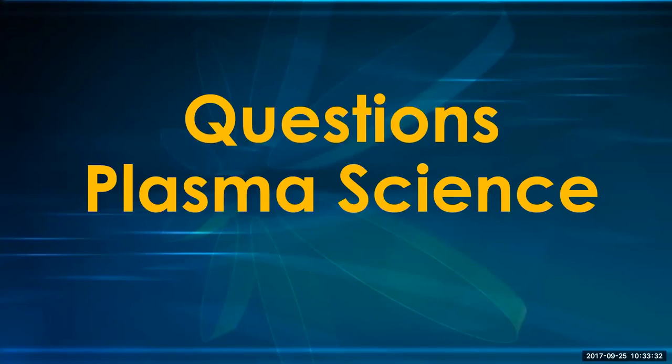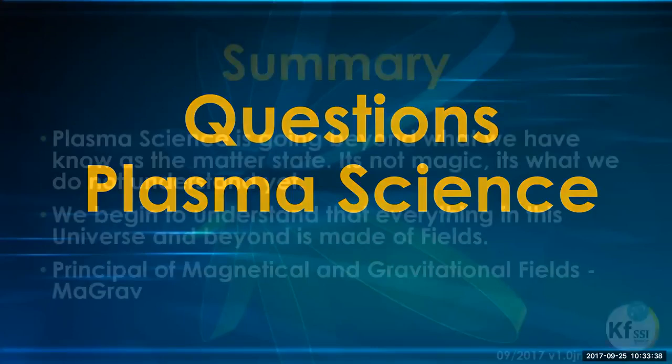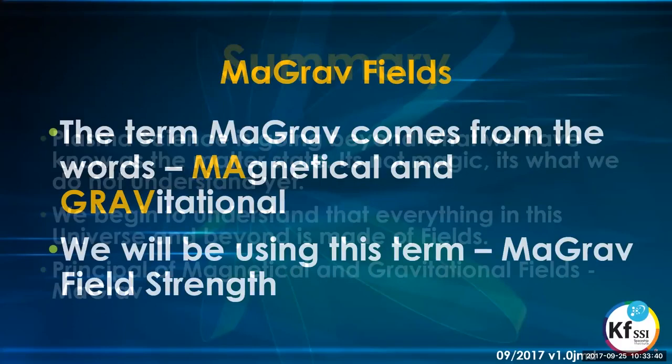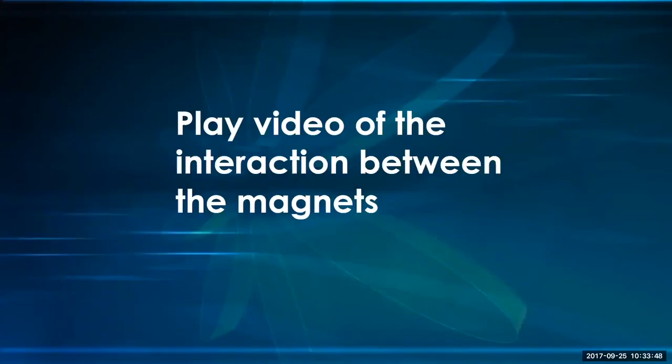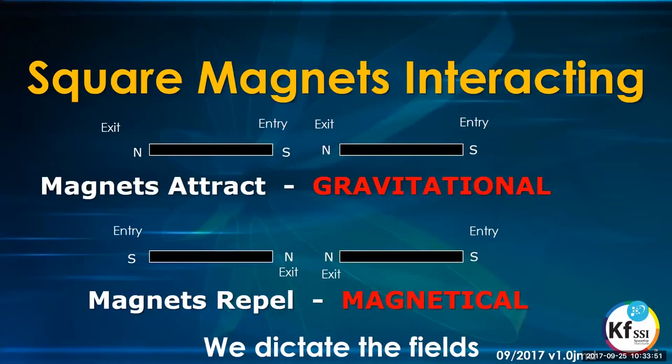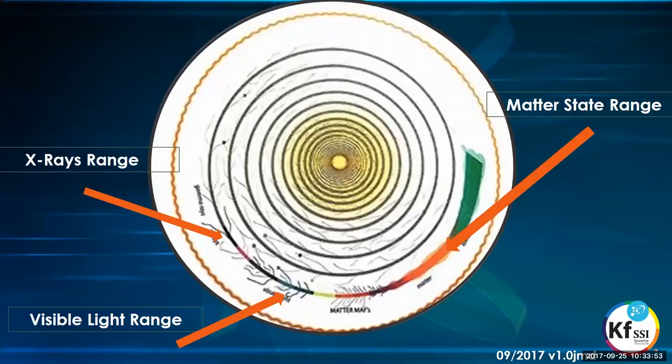So let me try and... it's just understanding that any point on the spiral is a certain field strength, and we are talking of a field strength that has magnetical and gravitational, because we can't get one without the other.